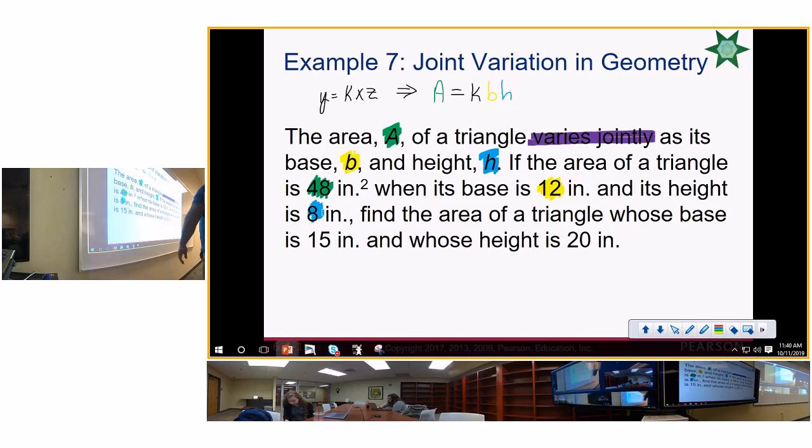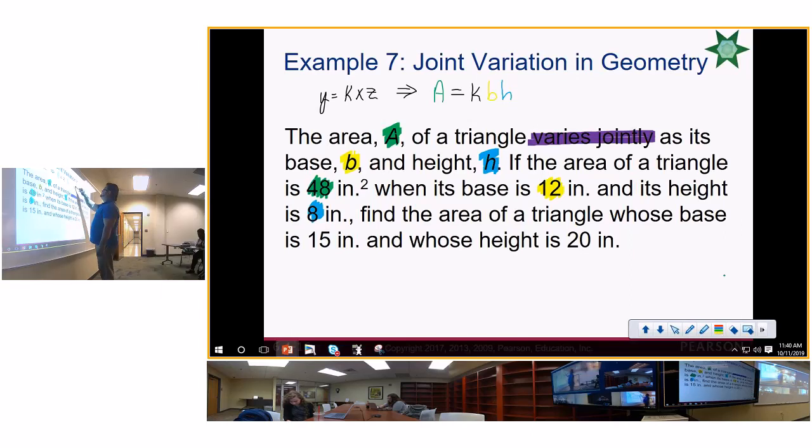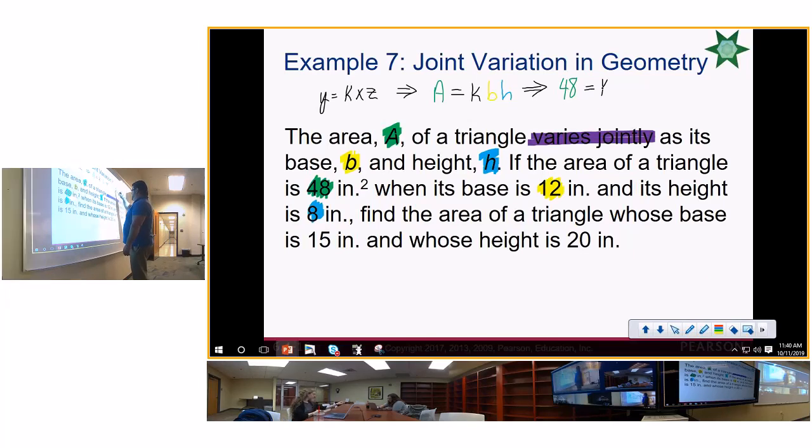Okay, so I'm going to go ahead and type in my green, and that's going to be 48 equals K, and 12 and 8.